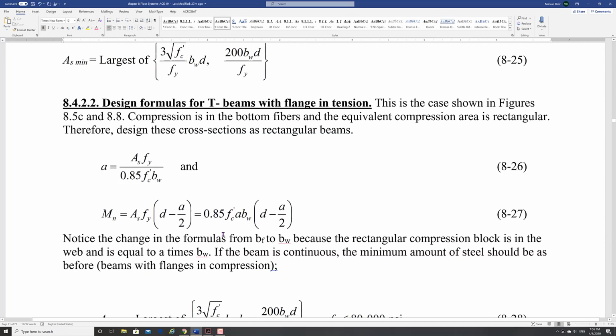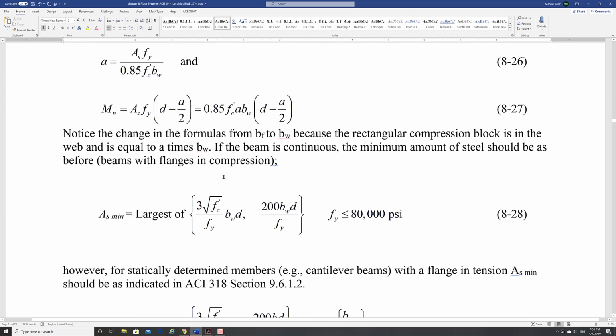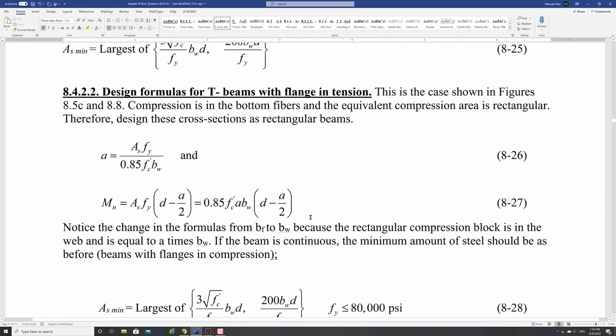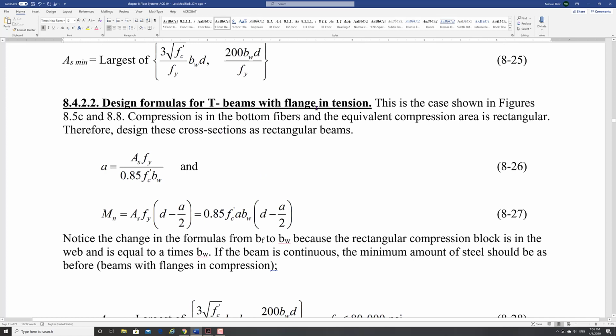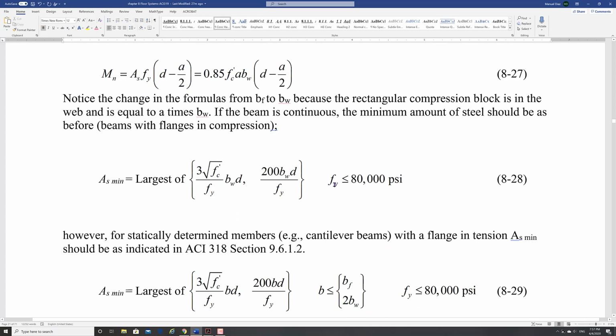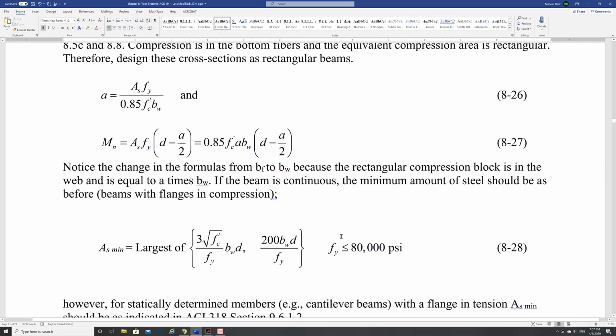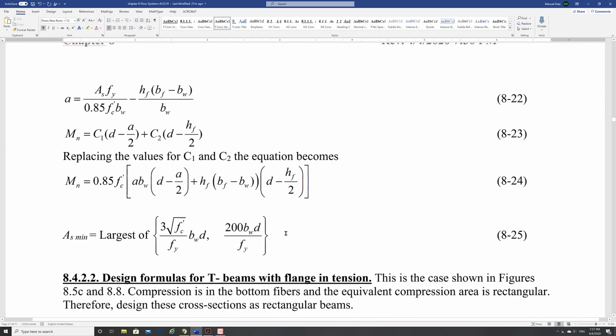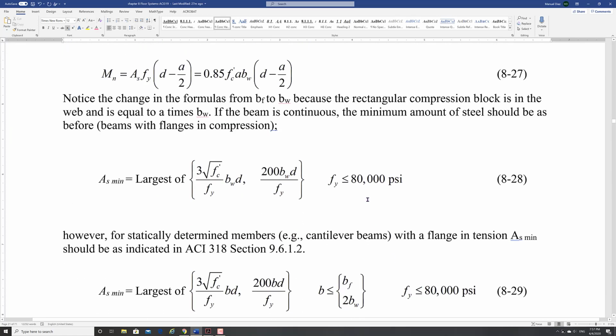Okay, so design formulas then for this case, right? This is the case here again. I didn't put this one before. This is the case where you have the flange in tension, right? And this value, I forgot to put it here. Actually, I should put it also here, okay? Because that value is limited to less or equal than 80,000.